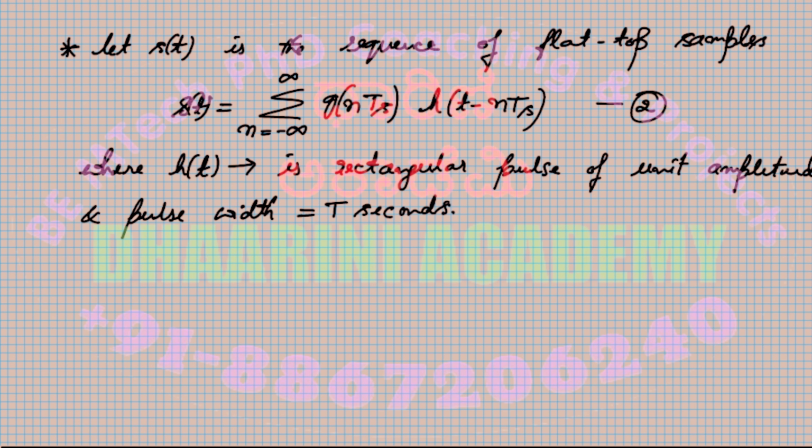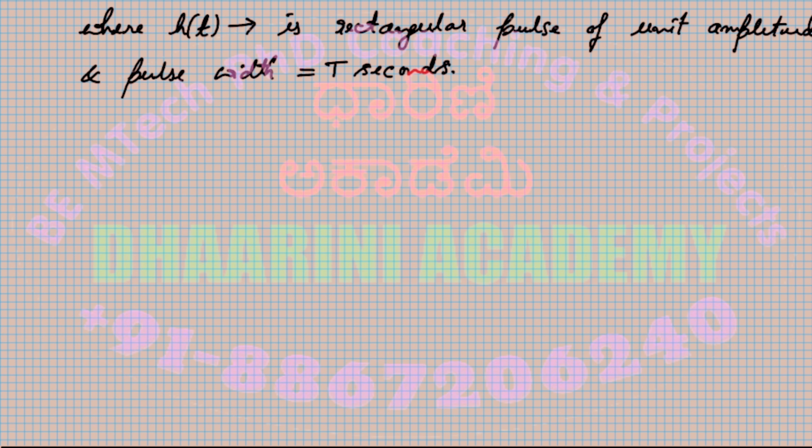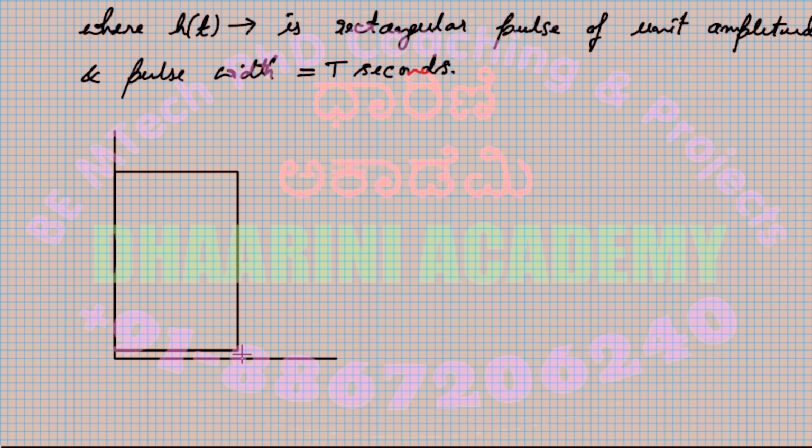Okay, now let's try to look at such a pulse so that we can try to write an equation for that. So as of now the pulse which we are looking at is like this.